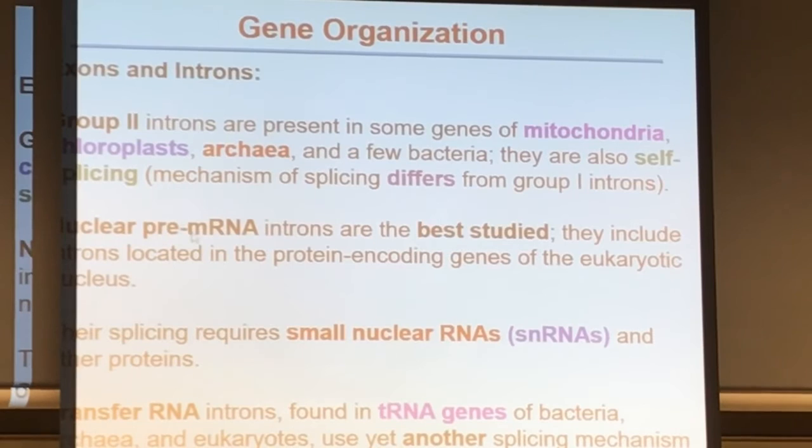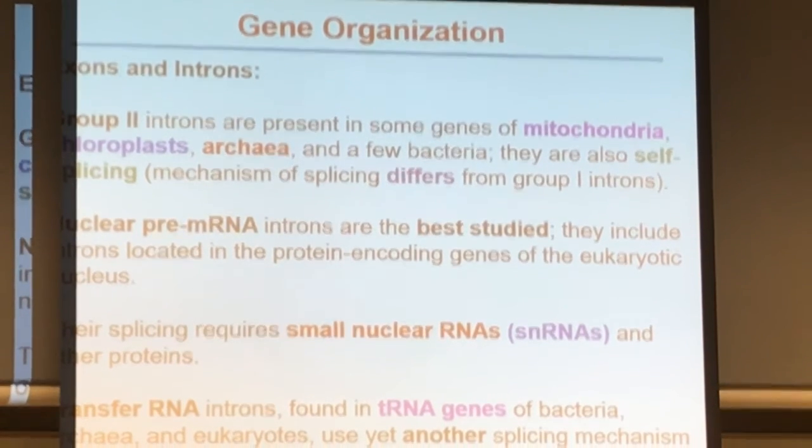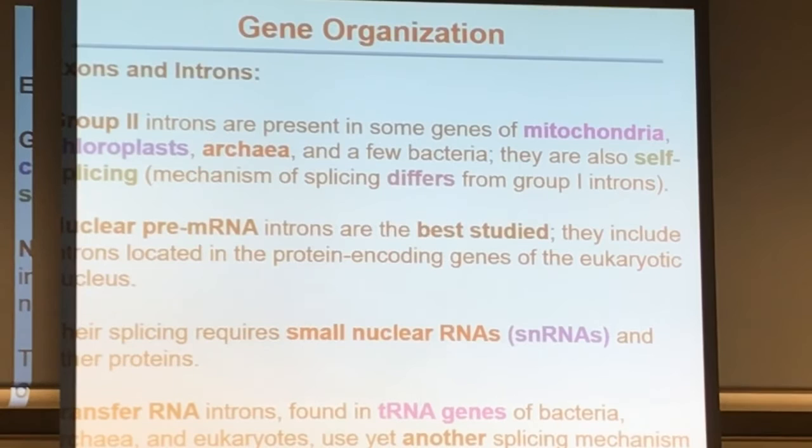Okay? Also, to remove the introns in the pre-mRNA, like in human genes or in yeast, there's something called the spliceosome. We'll come to that in the upcoming slides. Spliceosomes are actually protein machineries that can bind this mRNA.